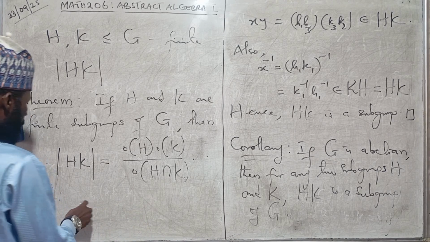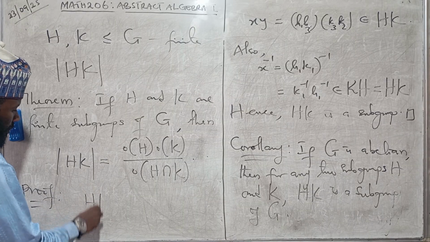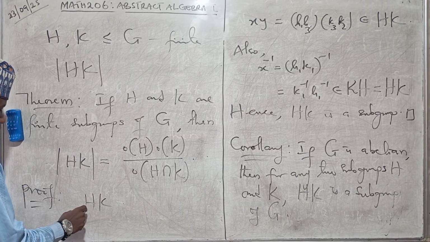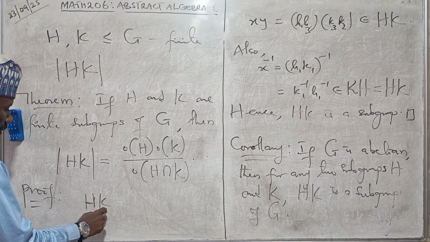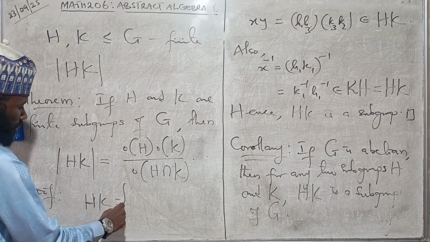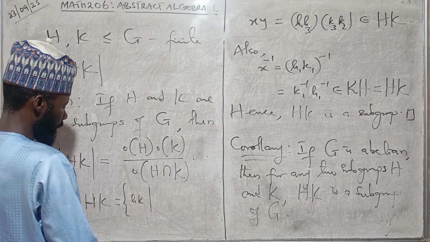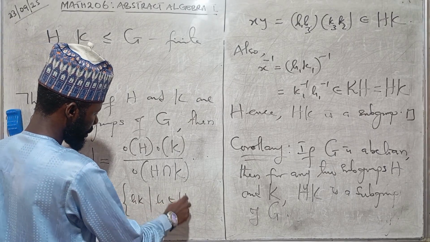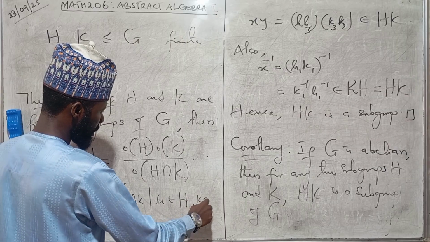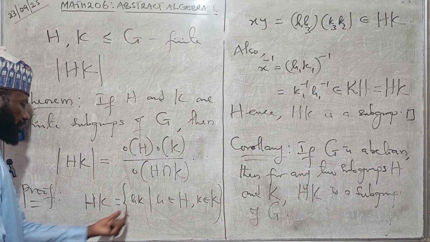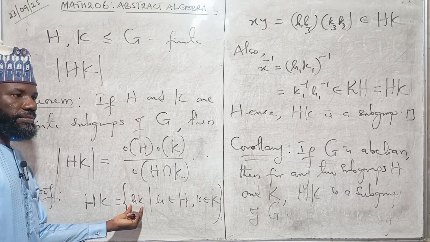I'll just give you the way to prove this. If you look at the elements in HK, this is h times k, such that h is in H and k is in K. How many such pairs do you have?